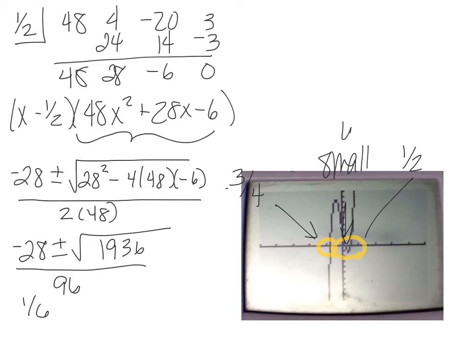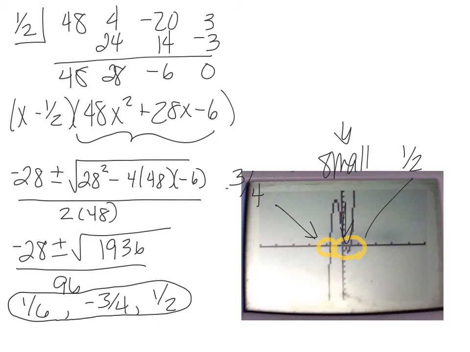That's the super small one, haha. And then negative 28 minus the square root of 1936 all over 96. Negative 3/4 and positive 1/2.